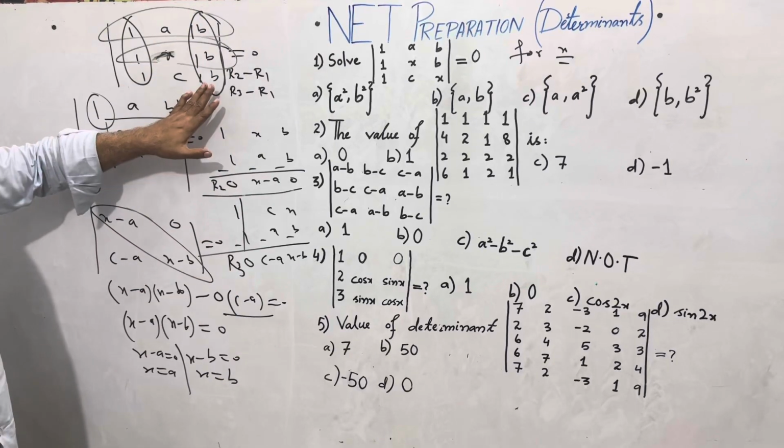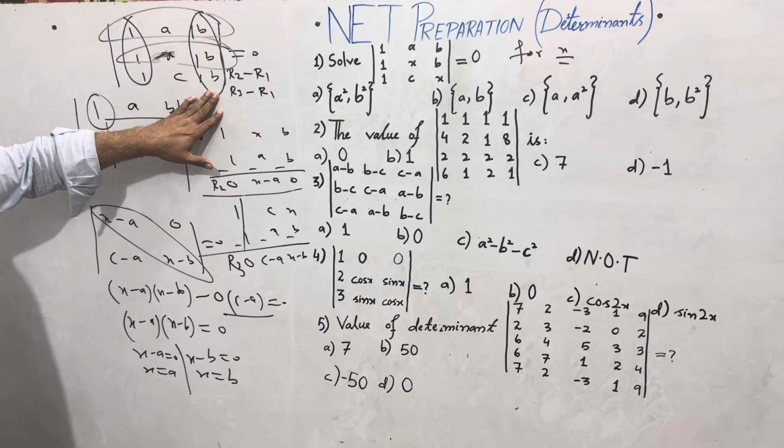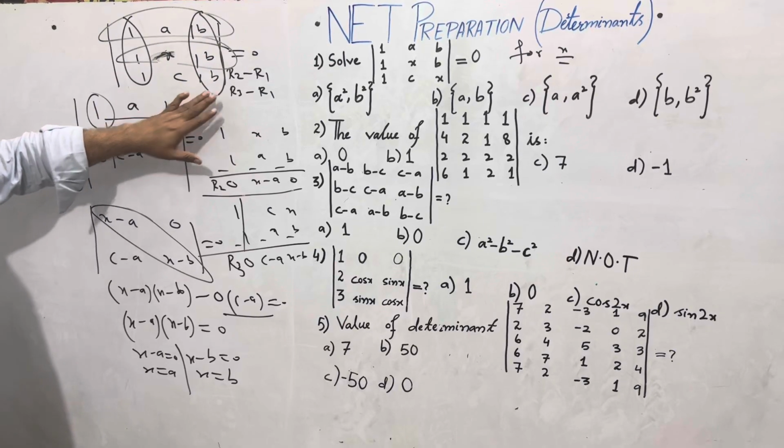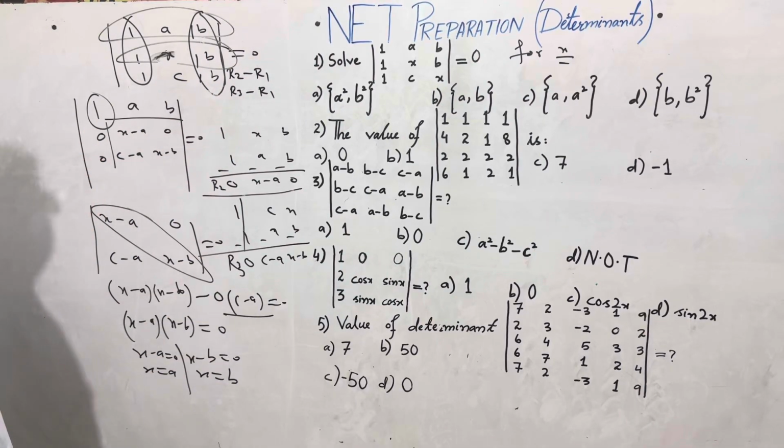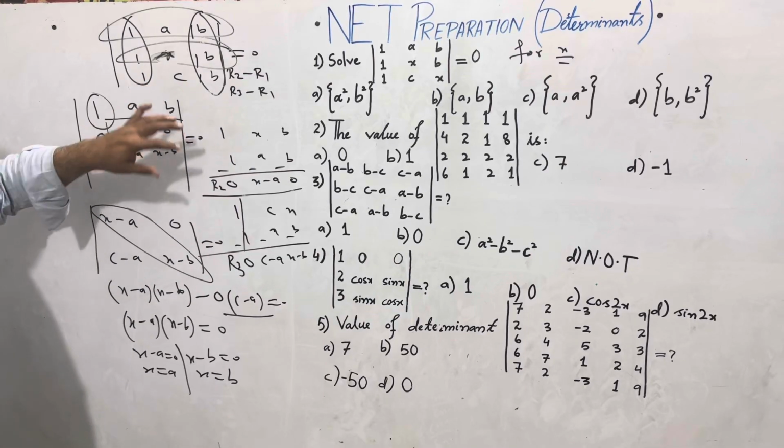If I take b common from column 3, what remains is 1 1 1. Column 1 and column 3 are identical, so the value of the determinant, by virtue of the property of determinant, is 0. So we have verified.